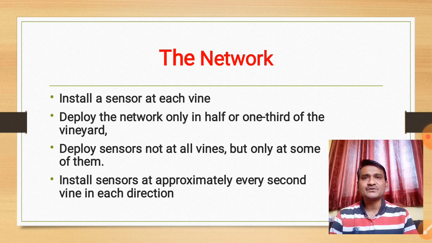At the same time, this deployment will also provide the highest sensing precision. Another possibility is to deploy the network only in half or one-third of the WINAD. This will provide the owner with high precision and a good point of comparison with the other half. Yet another possibility is to deploy sensor nodes not at all WINs but only at some of them.